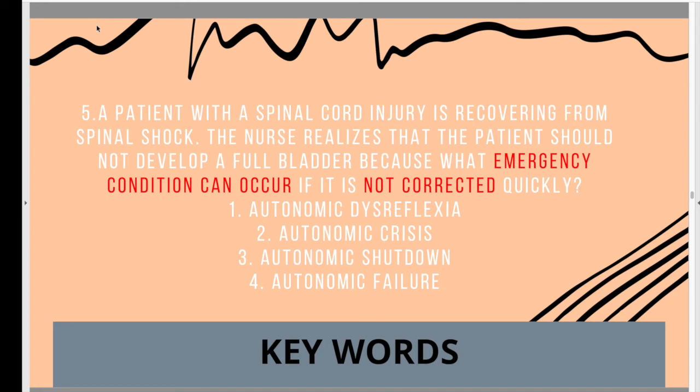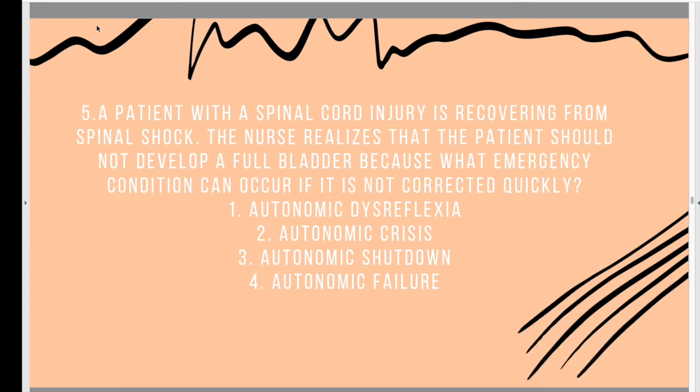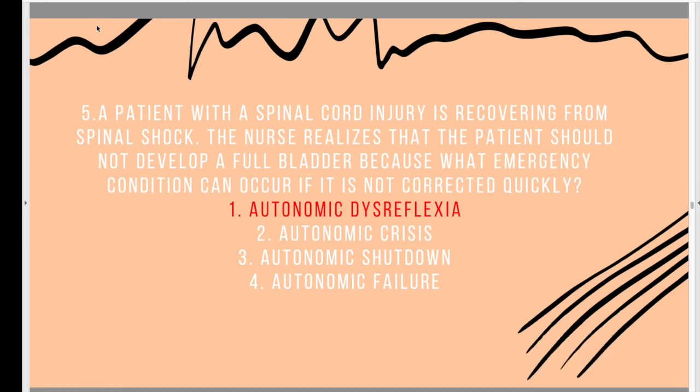Other causes of autonomic dysreflexia are impacted stool and skin pressure. So the answer here is autonomic dysreflexia, because the other 3 are not associated with this common complication of spinal cord injury. And I did not discuss this also in my review.